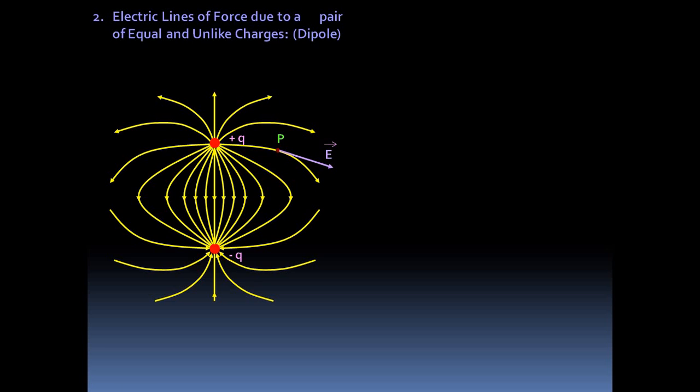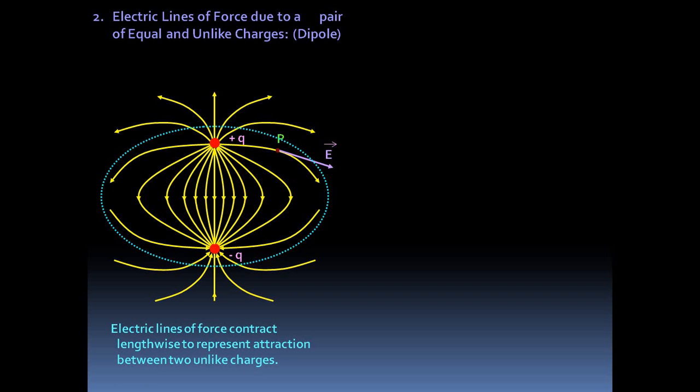And if we have to determine the direction of the electric field, then we have to take the tangent of the electric field lines, and we will get the direction of the electric field. Electric lines of force contract lengthwise to represent attraction between the two unlike charges.